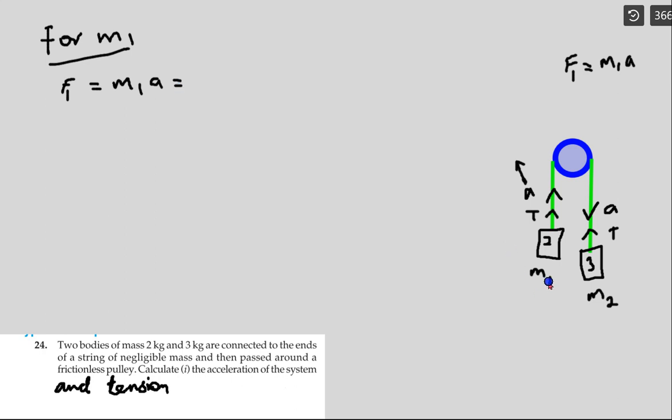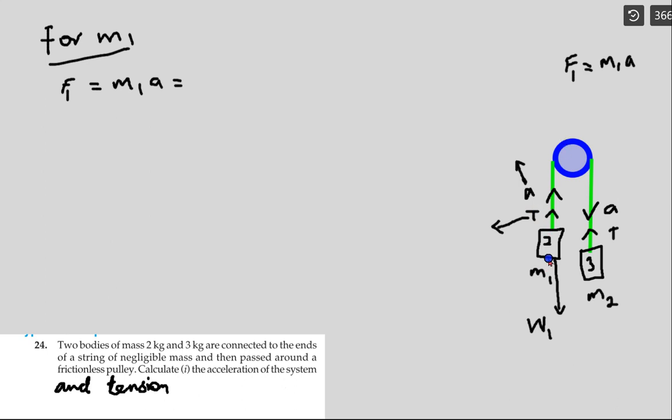Now let us consider this tension and the weight of M1. Since the body moves upward, this tension is a force and this weight is also a force, but the body moves towards the tension force.